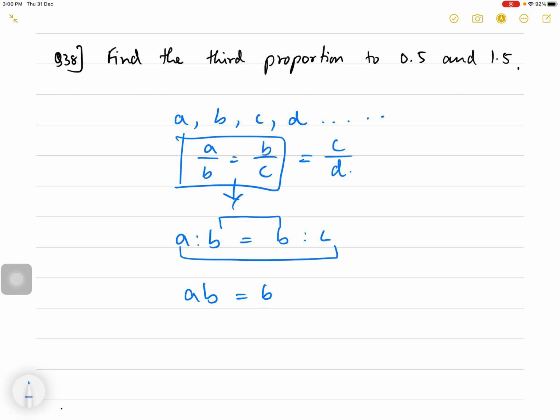So AC is equal to B square. B into B is B square.